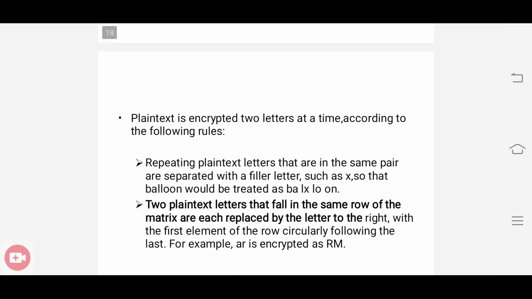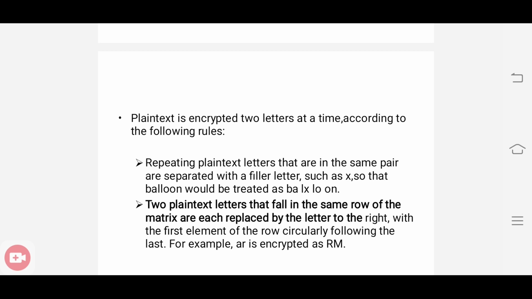How is the encryption possible here? The plain text is encrypted 2 letters at a time according to the following rules. Repeating plain text letters that are in the same pair are separated with a filler letter such as X, so that balloon would be treated as BALXLOON.